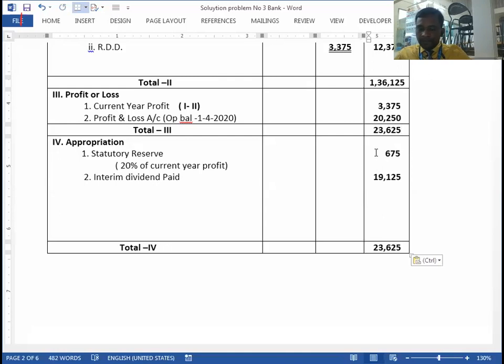675 and 19,125. So the remaining balance is rupees 3,825.